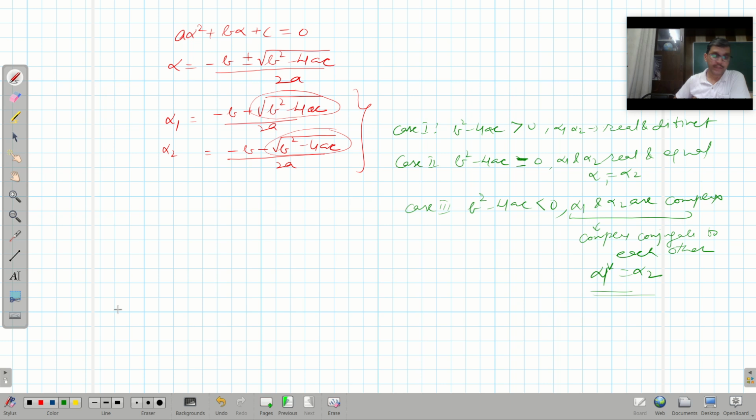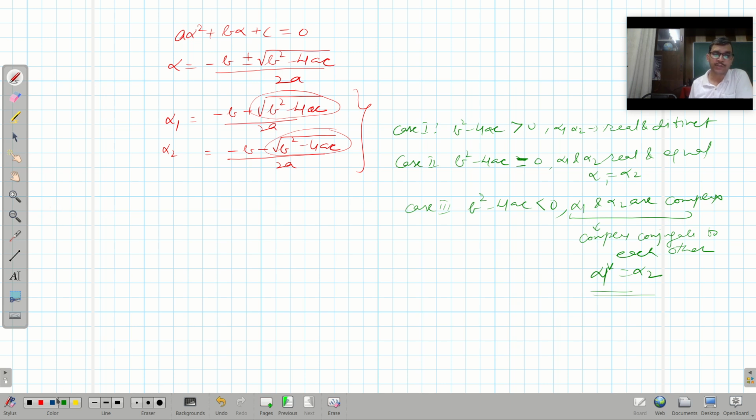So if this is the first case, then the roots are real and distinct and obvious. Then I can write down the solution for the given equation.